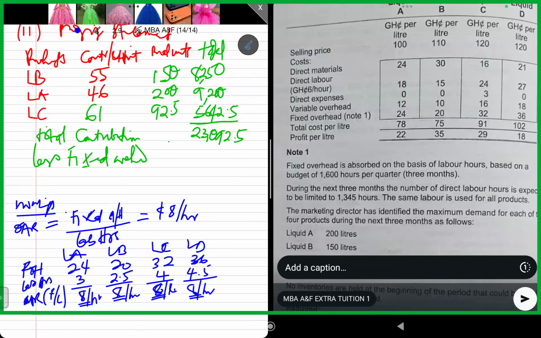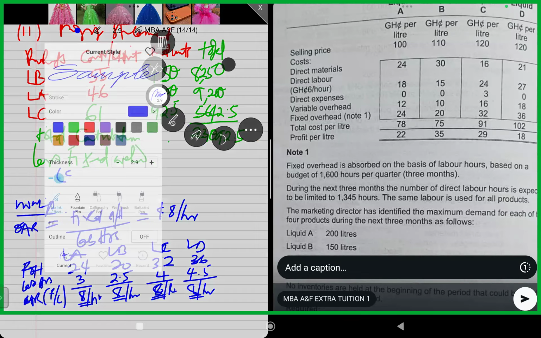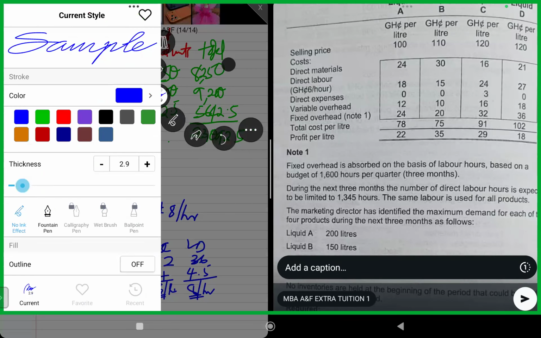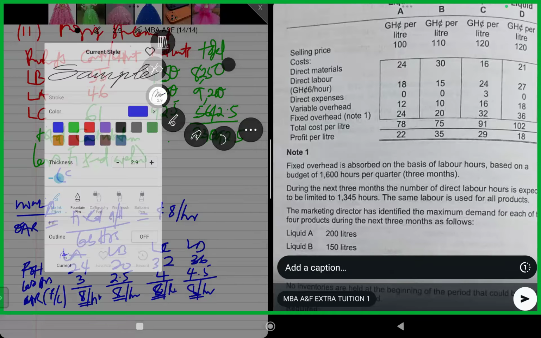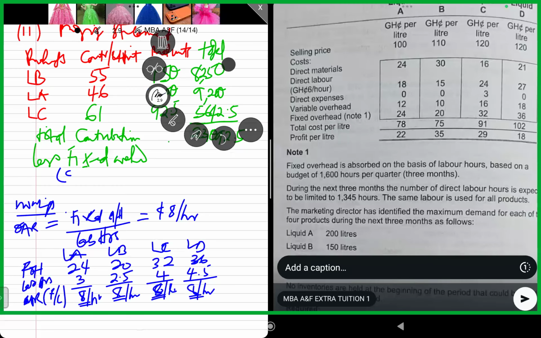So with this working out of the way, we go to the fixed overhead. Remember, they gave us 1,600 hours for the whole 3 months for all the products. So we will say the 8 cedis. Now look at this formula. We are done, just the last one. I only want you to understand, that's all. Look at the OAR formula.